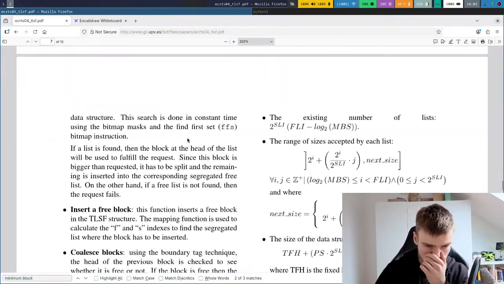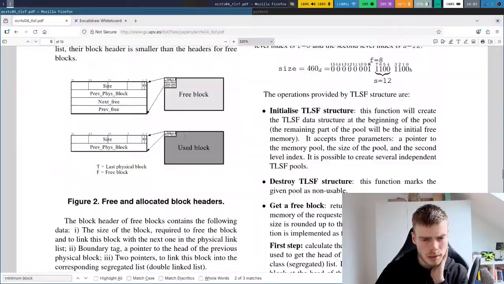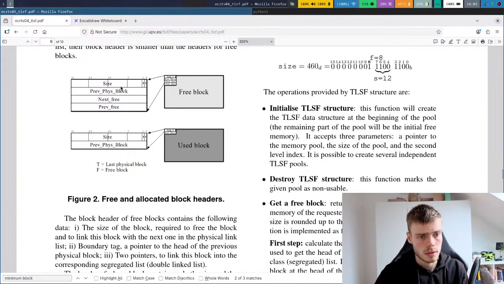They also said to detail the layout. What's the size?